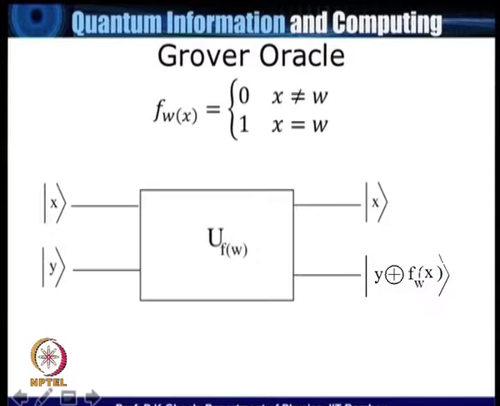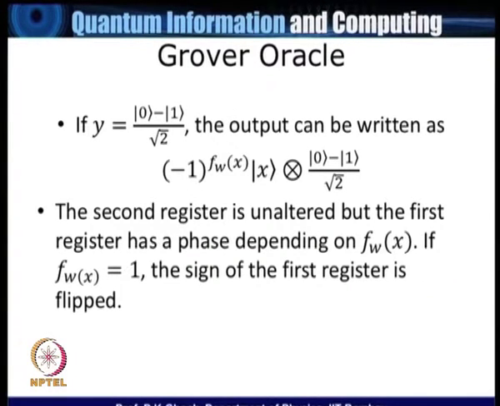So basically, the idea in this case was to set the target bit y equal to (0 minus 1) by root 2.